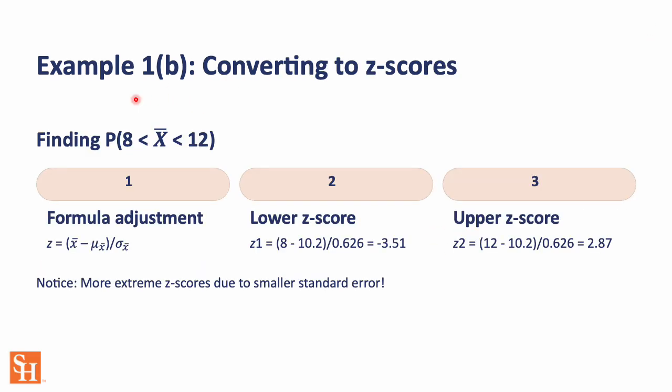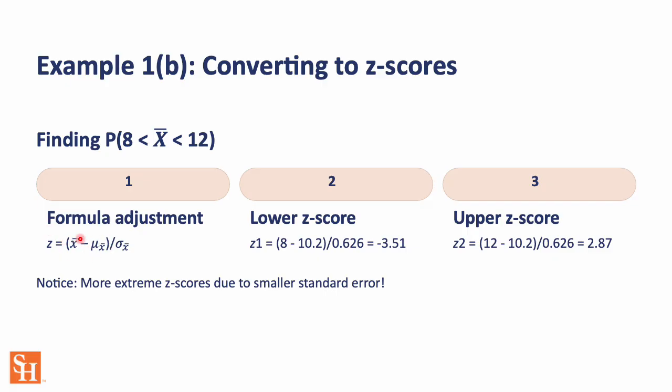So let me tell you about the problem again. Our problem was, what is the probability that the sample mean will fall in between 8 to 12 inches, right? And again for this one, we also need to use the conversion from the original raw score to the Z score, and this is the formula that we'll be using here.